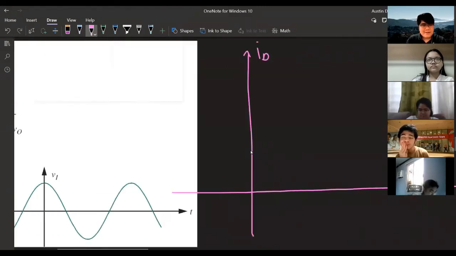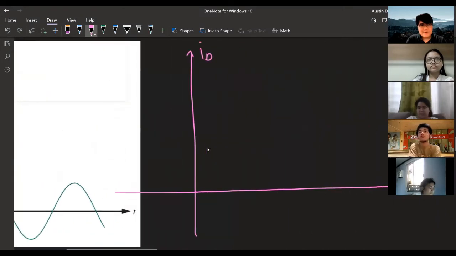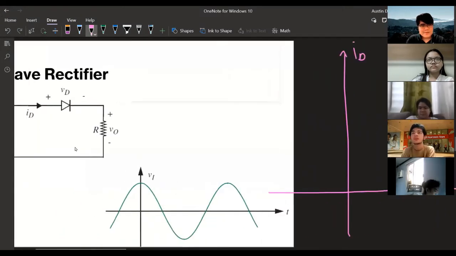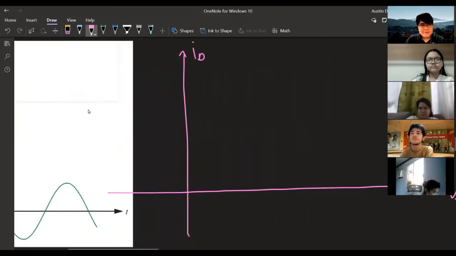Okay, and then you have a diode. Therefore, yung VD ID yung tawag dito. Ginagraph ko. So, I still have my diode graph, which is something like this. Okay.